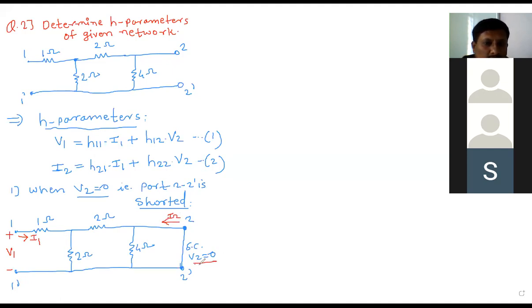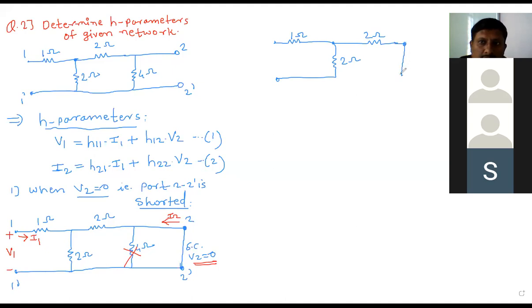Only V2 is equal to 0, so this will go off. Therefore, the further simplified diagram will be like this. This will be 1 ohm, this will be 2 ohm, and this will be 2 ohm.